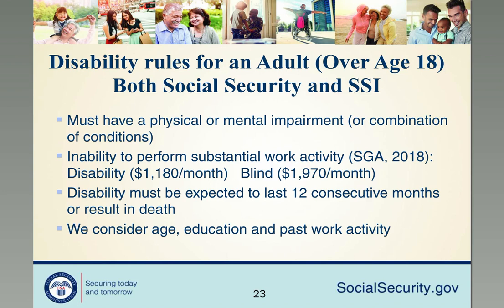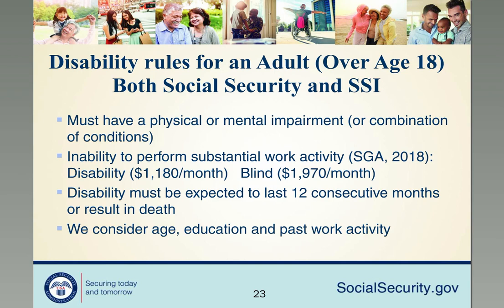Also, to be eligible for these programs, you have to have the inability to perform substantial work activity, or what may be referred to as SGA. Now then, what our doctors basically look for in this situation is, does your condition limit you to making under $1,180? So that's basically the standard that we're looking for.